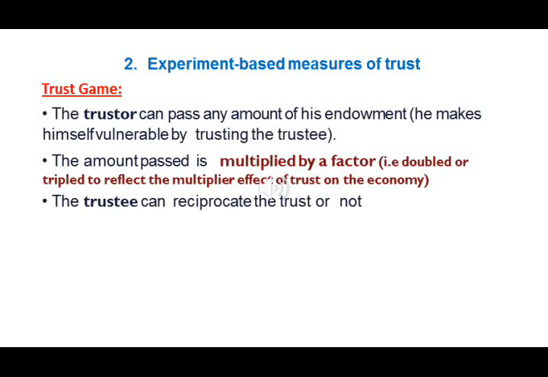Okay, so the second method by which people can get data on measures of trust, or the level of trust between individuals, is based on experiments, on economic experiments. So why is an economic experiment a better method than surveys?